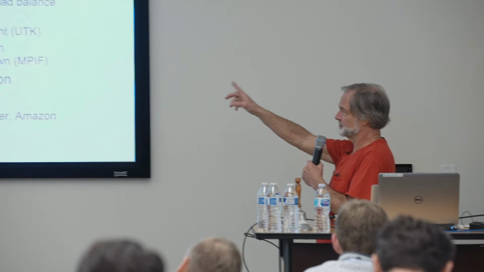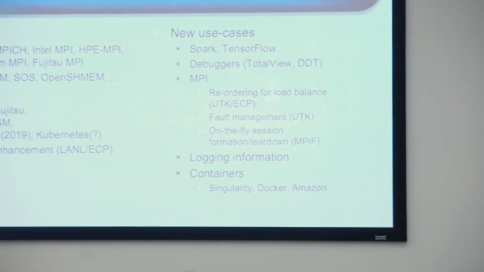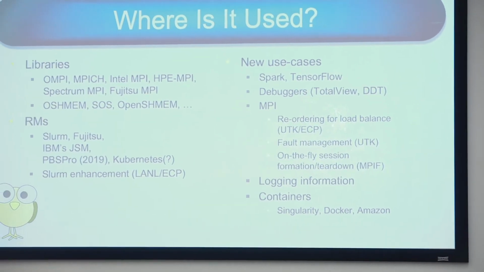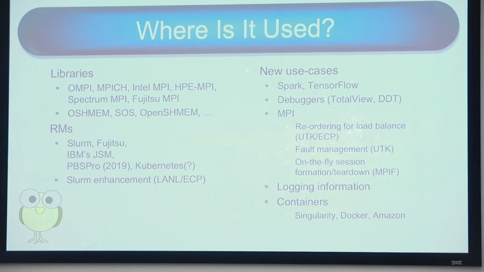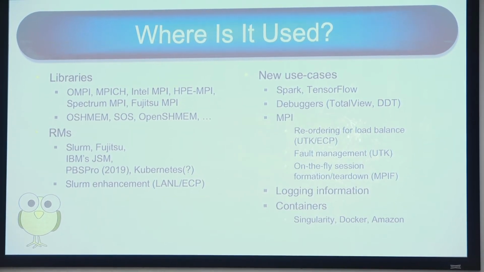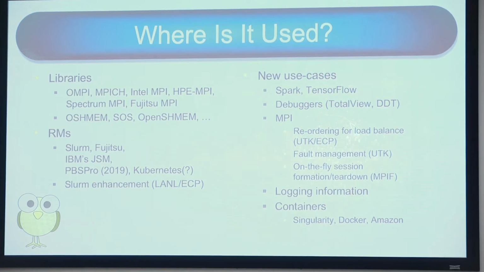So this is where it's currently used in this form. All the MPI libraries now have adopted it. It's in all the OpenSHMEM libraries that I know about, at least. You can see the list of resource managers that are in there. Los Alamos has a project to enhance the Slurm implementation so it covers more of the standard. And then there are all these use cases that have started to show up.